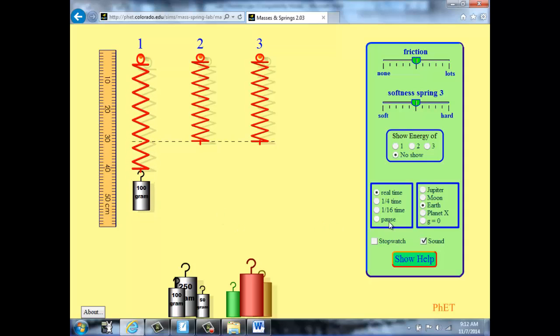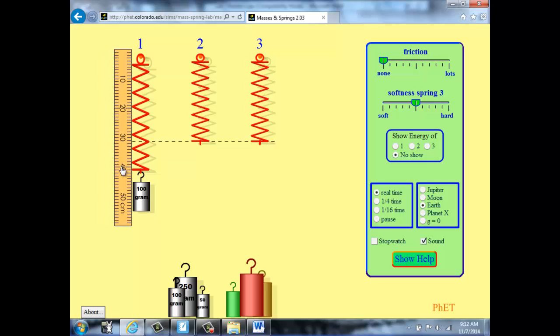So you have to turn friction on, I think. There we go. Now that friction's been turned on, you can figure out how far in terms of distance the spring has actually been stretched. And if we know that distance, and we know mass, and we know gravity, we can calculate the spring constant. That makes sense?